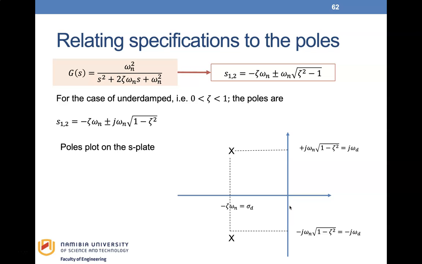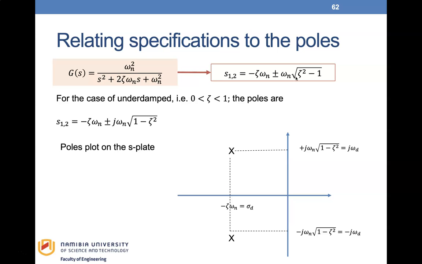We will now relate the second order system specifications to the pole locations. Recall that we use the generalized second order system given by G(s) to find the poles, which are the two poles s1,2 equals minus zeta omega subscript n plus or minus omega subscript n square root of zeta squared minus 1, for zeta greater than 0 and less than 1.